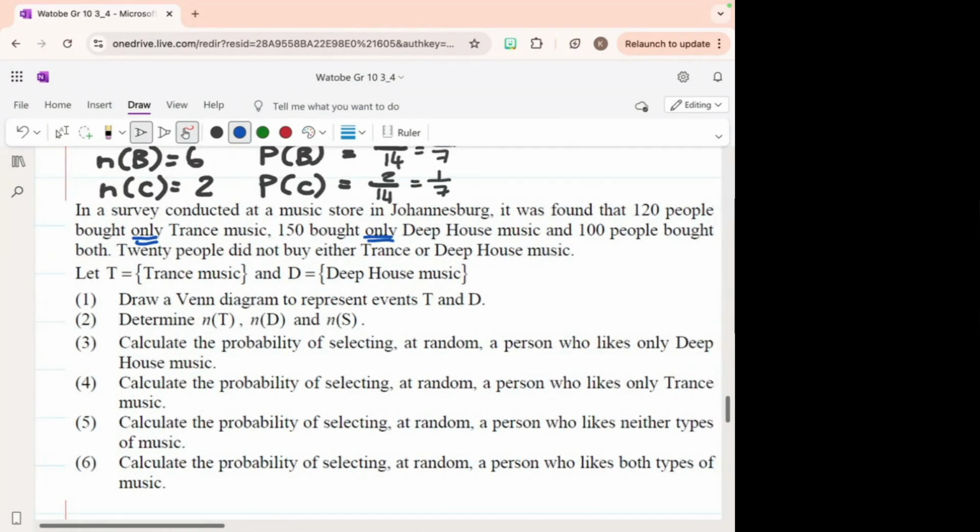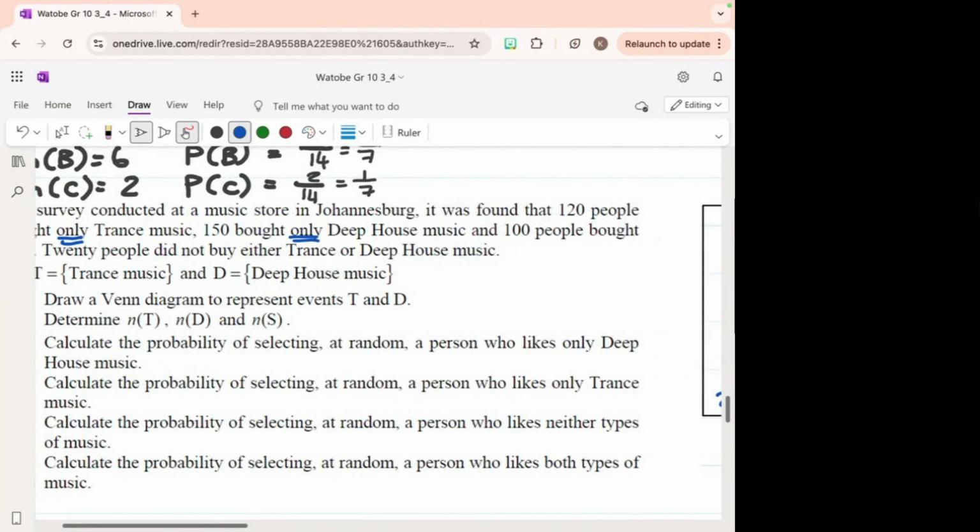Number 3. Calculate the probability of selecting at random a person who likes only deep house music.